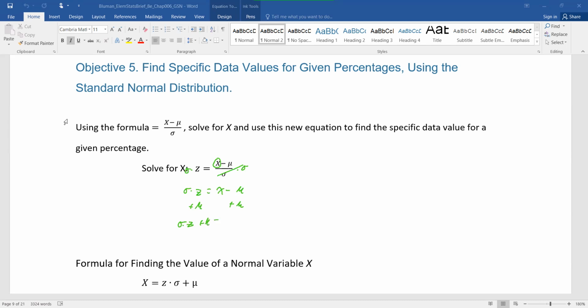This is algebra. All right, so if you wanted an equation, there you go. Sigma times the z-score plus the mean will give you whatever the x value is.